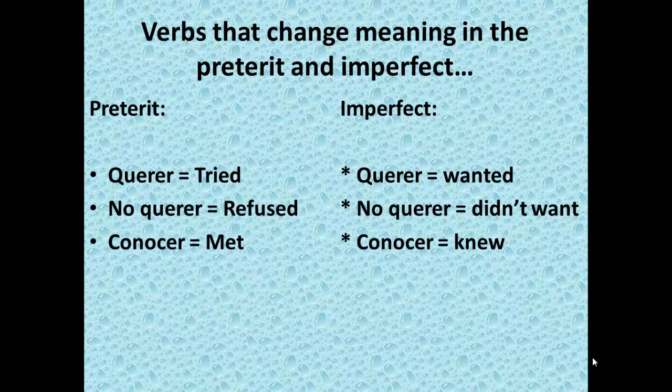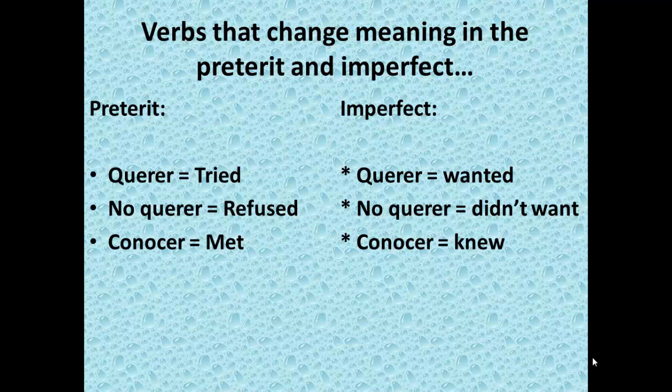Conocer, in the preterite tense, it would mean to meet, I should say. Like, yo conocí a mi amiga cuando tenía 4 años. Yo conocí, I met. Conocía, I knew. So you could say like, nos conocíamos, we knew each other.